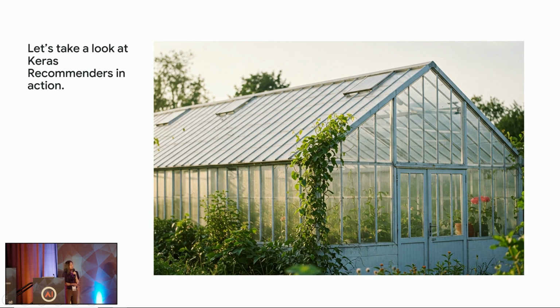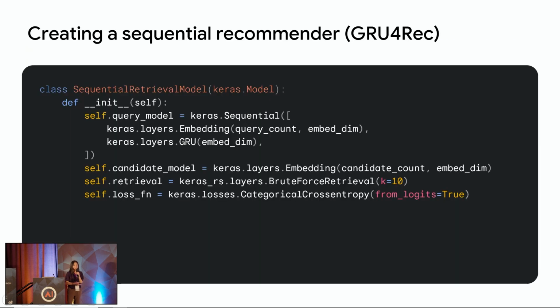Here we can take a look at one of the tutorials. We're building a recommender model called GRU for Rec. This is a two-tower model. First, we have the query section, where we use a GRU layer. And then we have our second model, the candidate model.